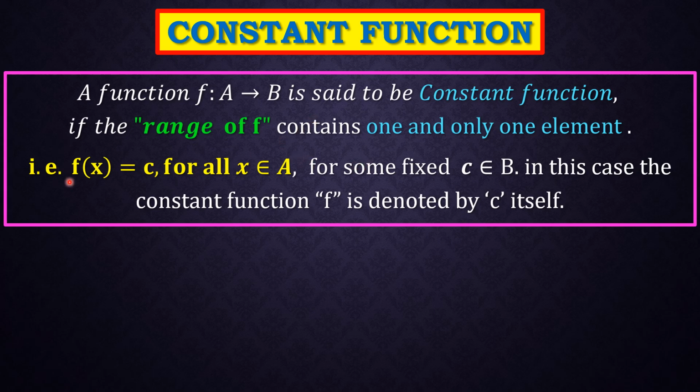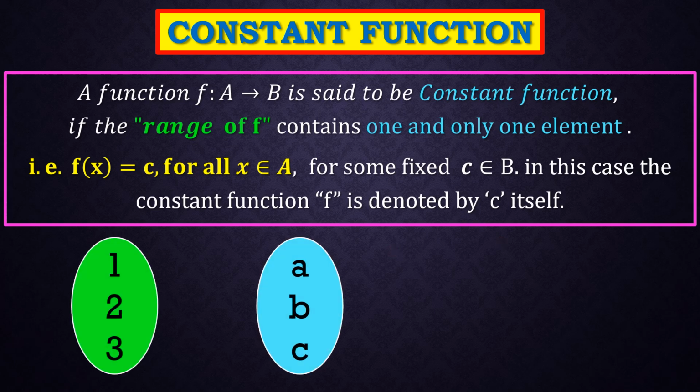Therefore, here f of x equals c. If this condition holds for a function, then that type of function is called a constant function, which is denoted by c itself. This is the definition of a constant function.